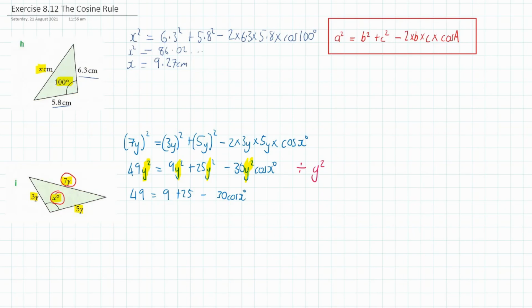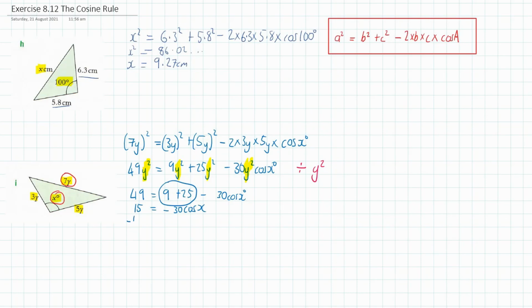Now we bring this across to the other side. So 9 and 25 will give us 34. And if we go 49 minus that, we're going to get 15, I think. That should be equal to negative 30 cosine x. Divide both sides by negative 30.